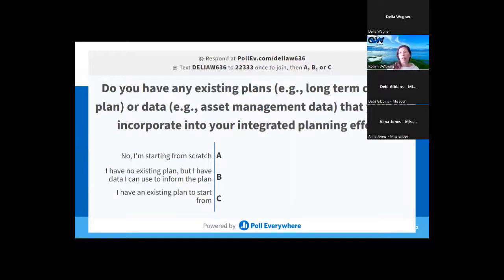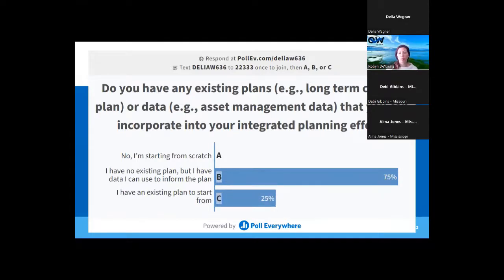What are some ideas that you might have that the community would be wanting to do versus what's required? Some examples of that would be protecting your source waters, maintaining your water supply. Maybe you're protecting your high-risk assets. Maybe there's some financial public health implications. Maybe you want to incorporate green infrastructure.